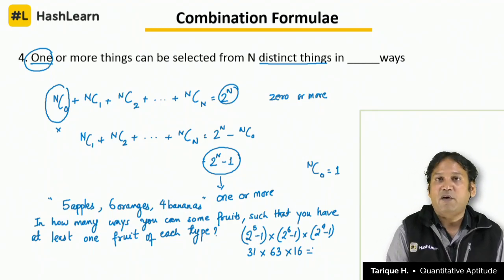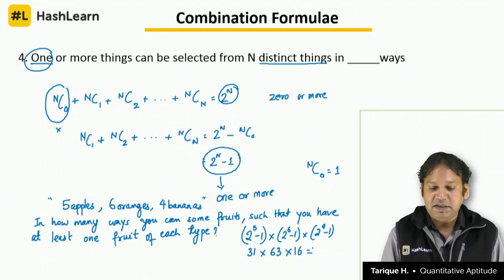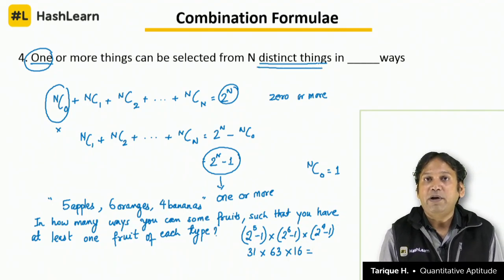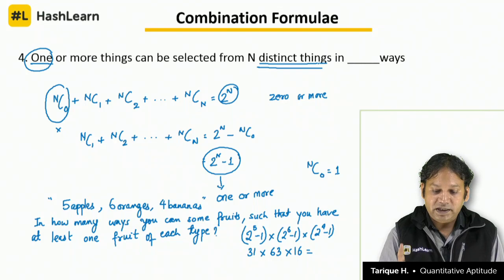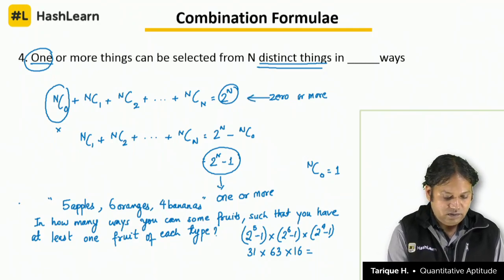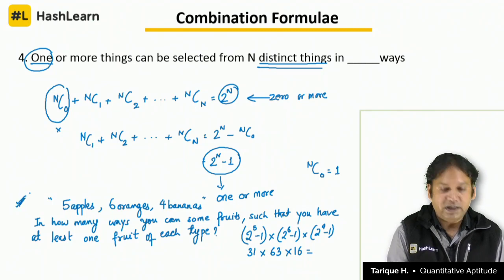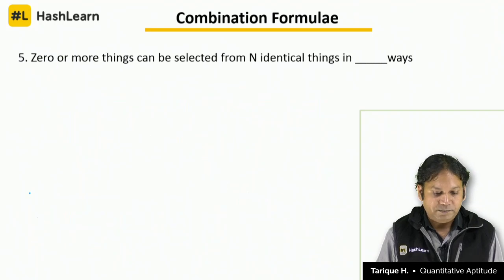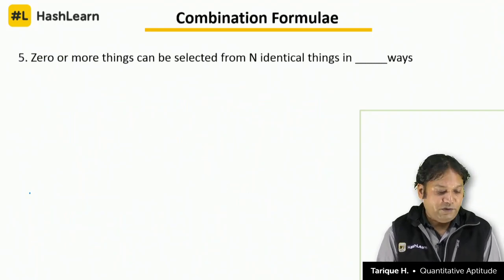So, that is how we use this formula, that one or more things can be selected from n distinct things, very important, one or more, and also to understand that the things are distinct, in how many ways? In only 2 power n minus 1 ways. If it was 0 or more, what was the answer? 2 power n. A brief example is here below for you to understand when and how to use this particular formula. Alright. Let us look at the next formula here, the fifth one from combination.